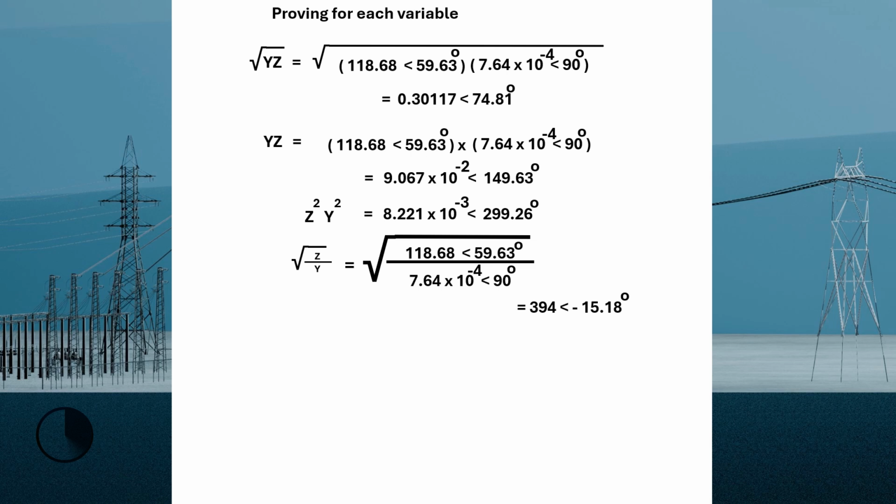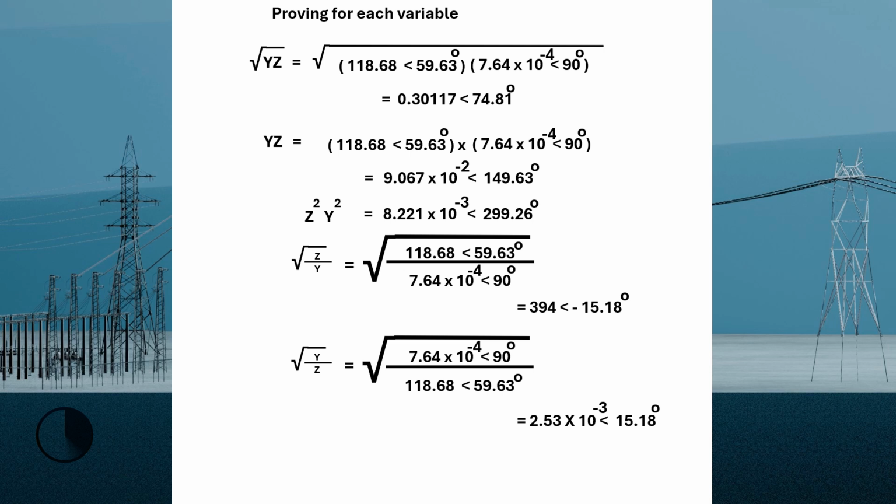This will equal 394.13 at an angle of minus 15.18 degrees. Also, the square root of admittance over impedance will be equal to the square root of 7.64 times 10 raised to power minus 4 at an angle of 90 degrees, all over 118.68 at an angle of 59.63 degrees. This will equal 2.53 times 10 raised to power minus 3 at an angle of 15.18 degrees.